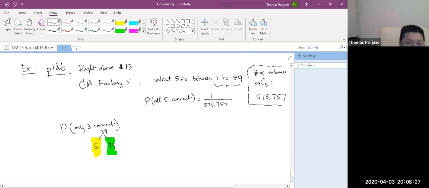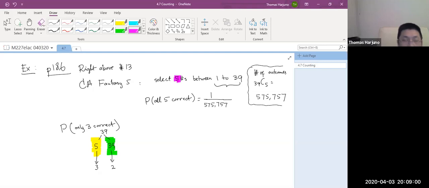Now, what is the probability that only 3 of what I select will match? If only 3 match, it means 2 do not match, because I need to select 5. That's why we call it Fantasy 5. You are dreaming about 5 numbers, and when you wake up, you buy those 5 numbers.